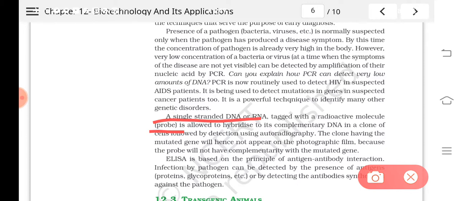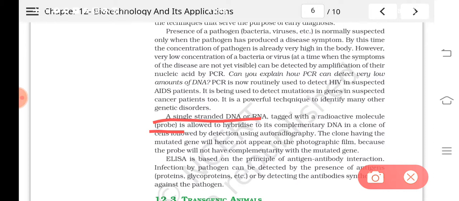So when we send that particular DNA, the normal cells and their DNA only will be able to hybridize, and the ones which have undergone certain mutations will not be able to hybridize, and if they are not hybridized, they will not be detected in the autoradiography. Autoradiography is used for identifying, with thin films or diagrams created, and through that we can detect it.